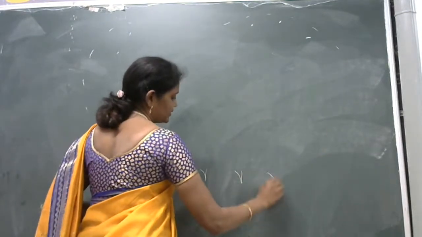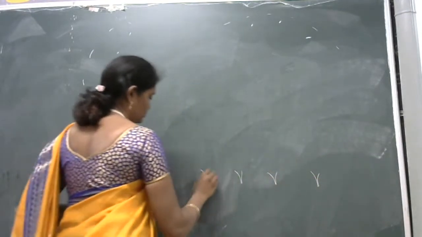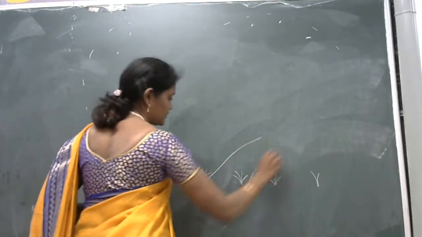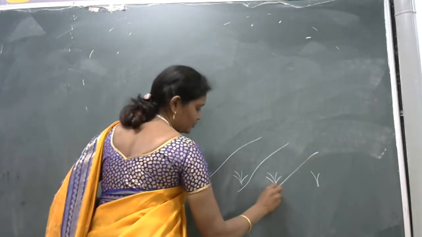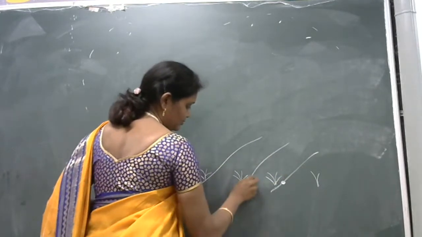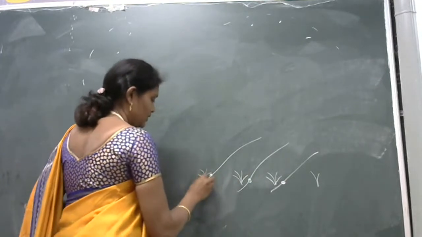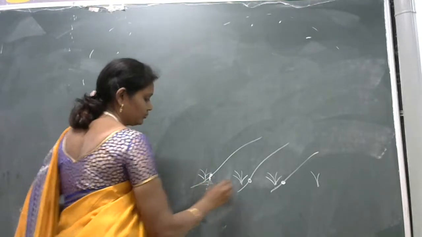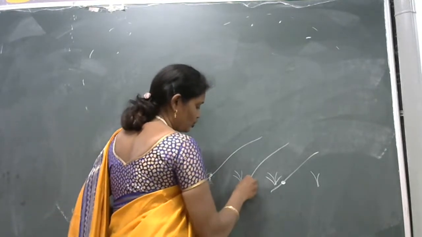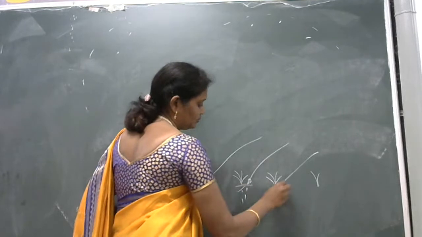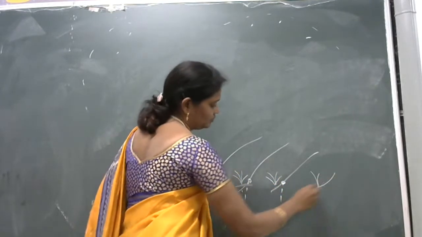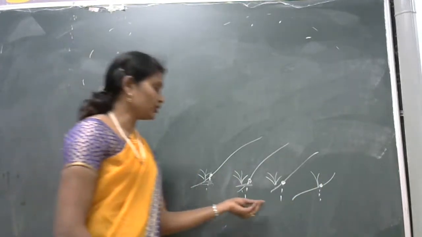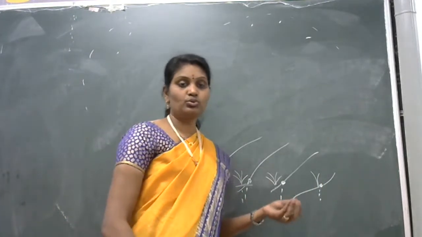Suppose these are the plants. So this is like this, and the nozzle is here somewhere, and drop by drop the water goes into the soil, through the pipes.